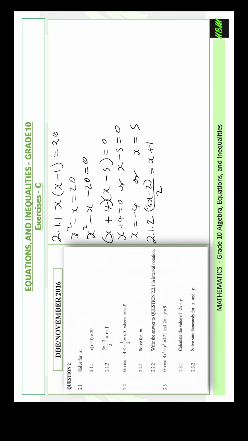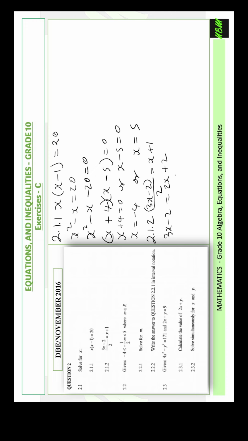And then from there, we now want to get rid of this 2 in the denominator. What do we do? We multiply throughout by the denominator. Therefore, 3x minus 2 all divided by 2 multiplied by 2 will be 3x minus 2, as 2 will cancel 2. Then on the right hand side, x times 2, 2x, 1 times 2 plus 2.